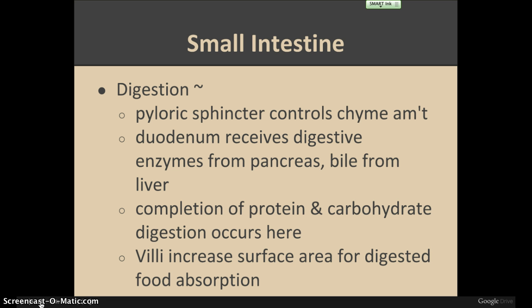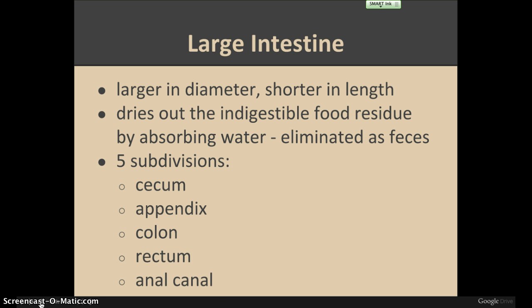Because what's the next organ that food passes into? That's right, the large intestine. Larger in diameter than the small intestine, but shorter in length. It dries out that waste, the indigestible food, by absorbing water. That's why it's eliminated as solid feces.